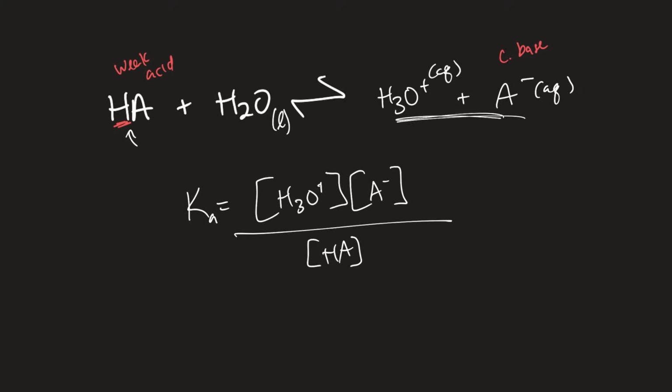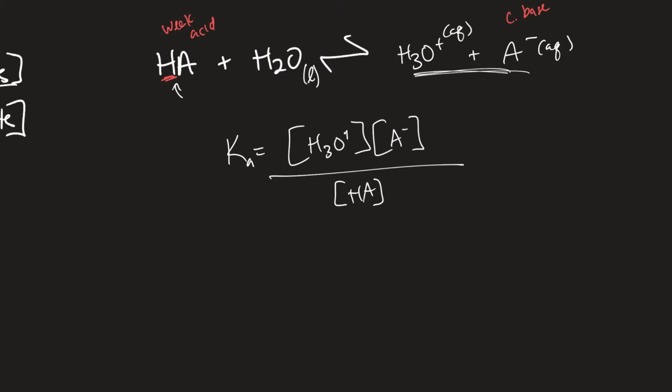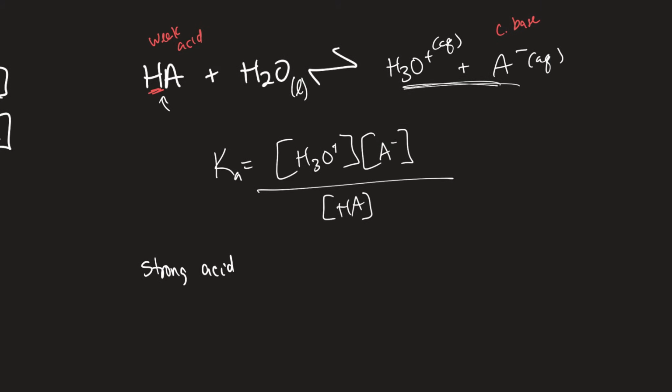For example, if we were talking about a strong acid, like we said before, strong acids dissociate completely. So let's say the equation I drew here was a strong acid. Then it will go completely this way, to completion, and you will have nothing but product. So this is going to be highly product heavy.